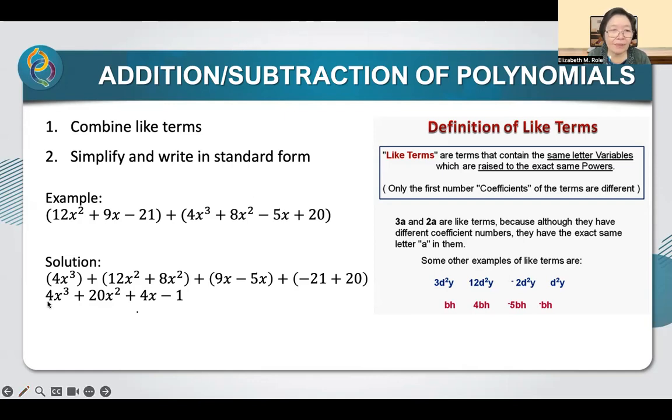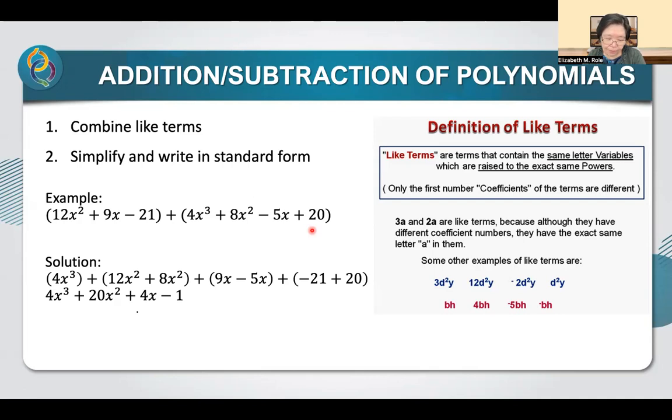Let me use my laser pointer. All right. So I have 4x cubed as the only one, so it's there. Then I have 12x squared and 8x squared, so I combine them. I have 9x and minus 5x, combine them. And then the constants. So we just combine like terms and put it in standard form with the leading term having the highest power.